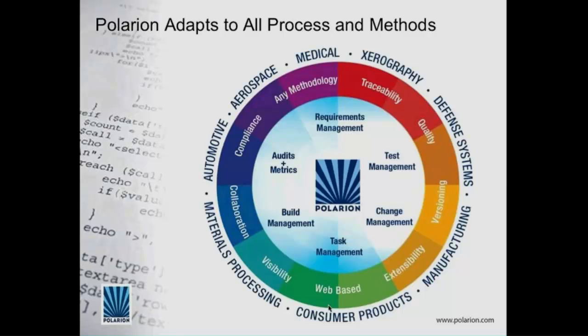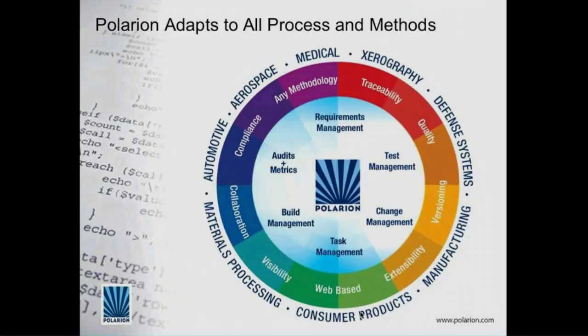Polarian is not limited just to software, nor just to hardware. In fact, it adapts to all processes and methods that you might need. You can see here in this diagram that we have customers that vary across defense systems, medical industries, automotive and aerospace, as well as software, manufacturing, and service provisioning.